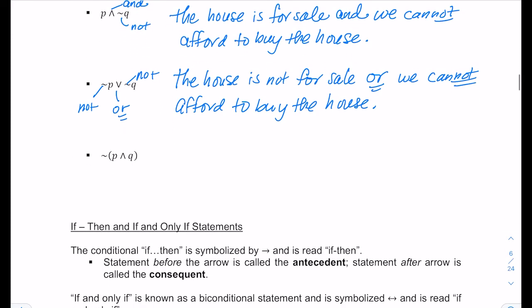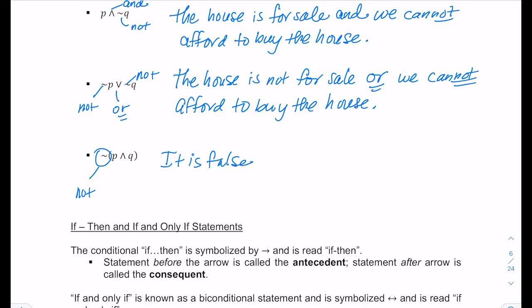The third statement says, not, and then in parentheses, P and Q. So the tilde, remember, means not. It's taking the statement and saying, this statement is false. So we would say, it is false that the house is for sale and we can afford to buy the house.